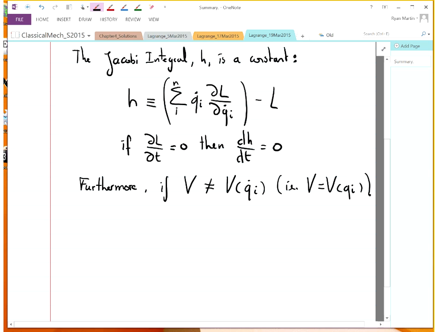And that's generally true, right? The potential energy usually depends on position, not velocity, except in the annoying case of electromagnetism. So it's generally true that the potential energy does not depend on velocities.